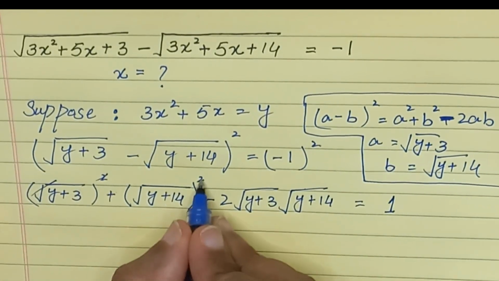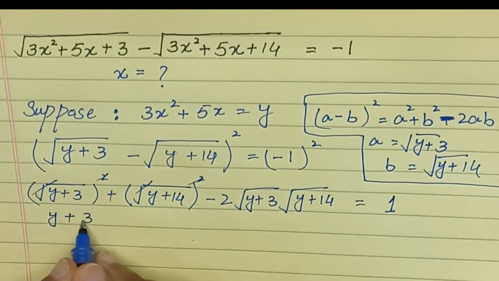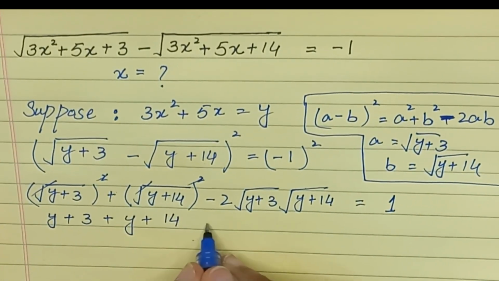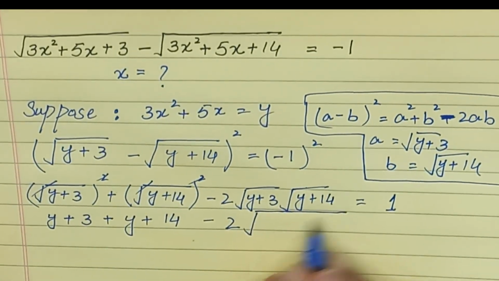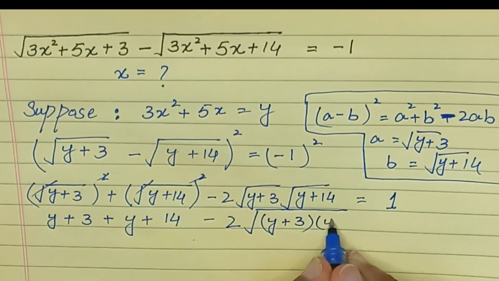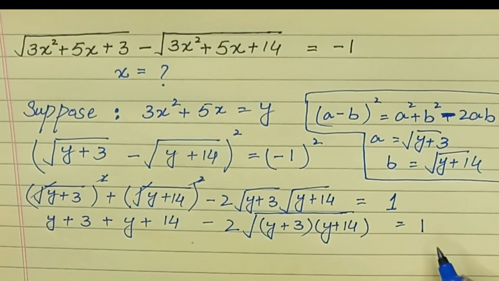So square and square root will be cancelled out, so it will become y plus 3 plus y plus 14 minus 2. We can write it as square root of y plus 3 into y plus 14, which is equal to 1.